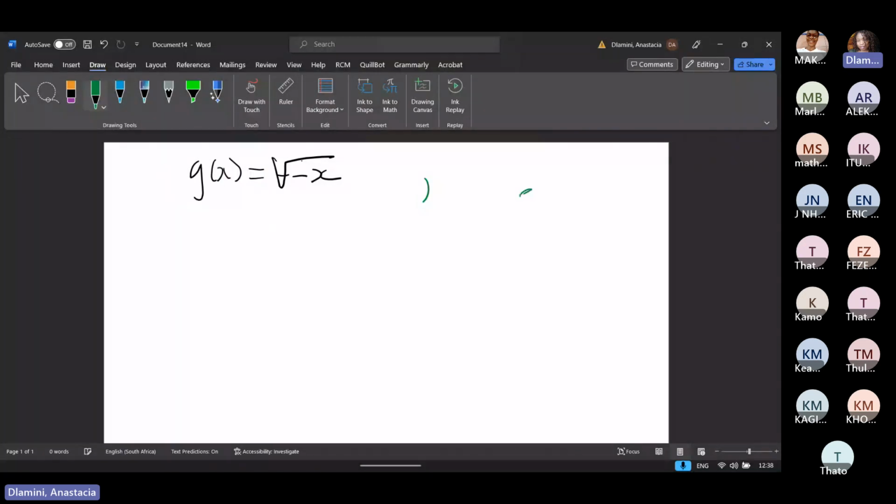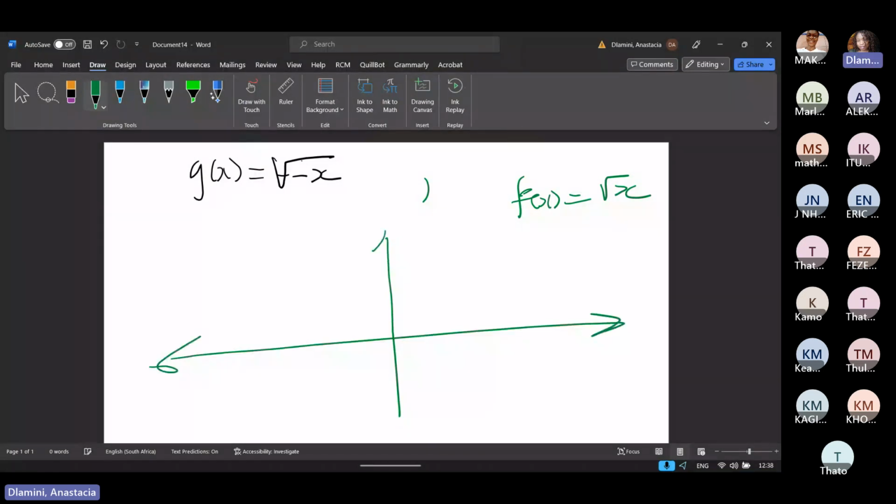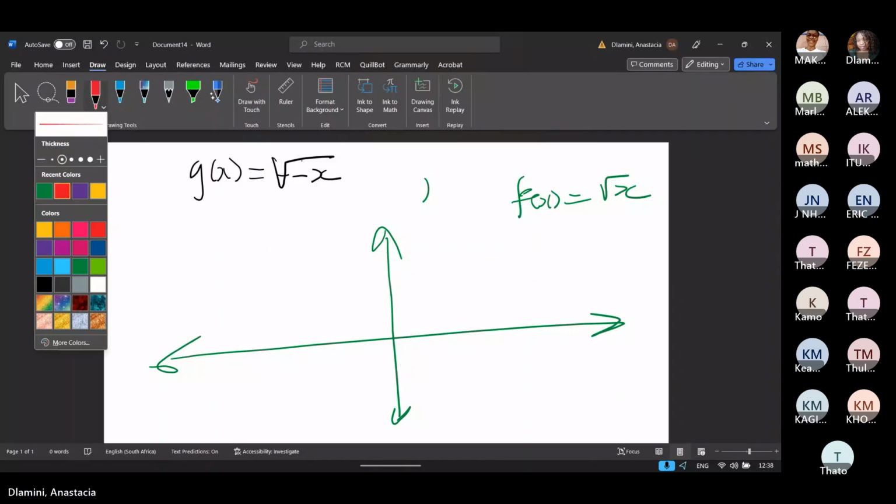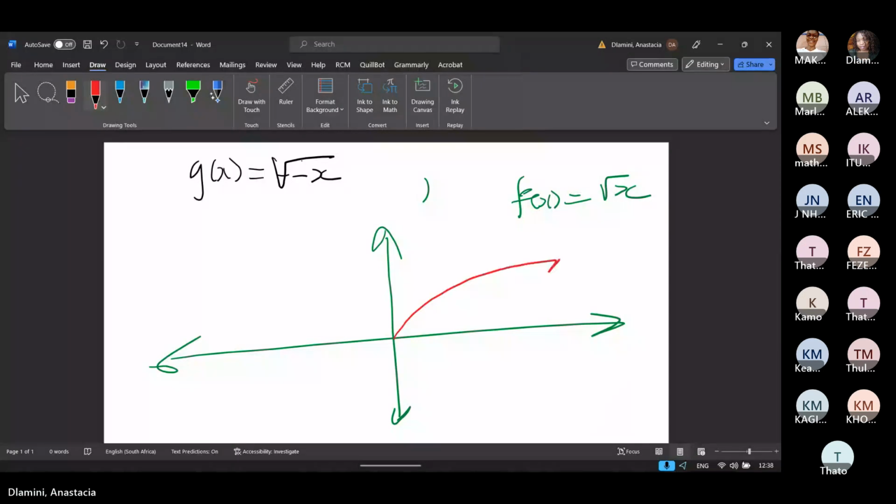What transformation happened to get g of x? We know that the root of x is represented by this graph. What happened here to get this? Isn't it reflected on the x-axis?